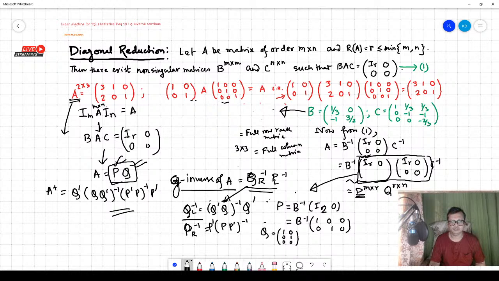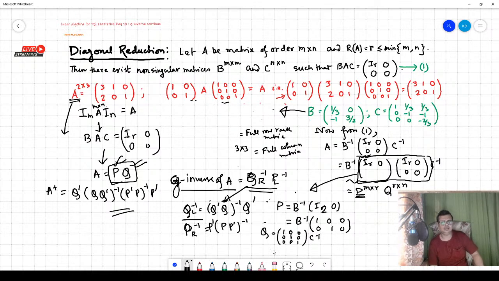Okay, so we need this. And this is C inverse. So this is the procedure.